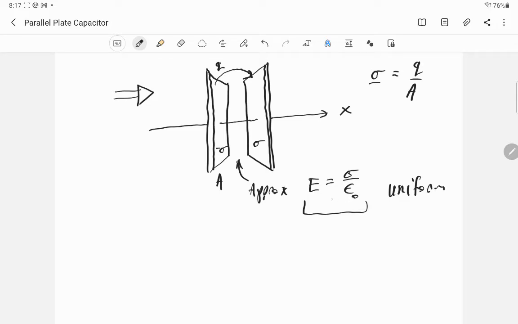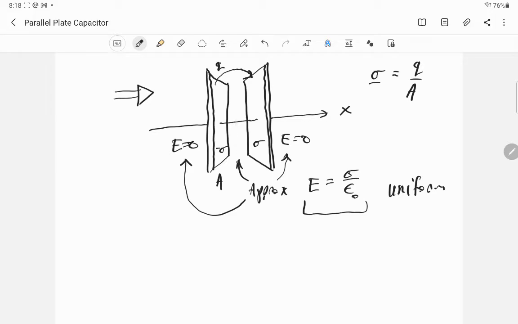And what's more, we're also going to continue to approximate that the electric field on the outsides of the capacitor is 0. This is an approximation. The truth is, for finite plates with some finite separation distance d, the electric field actually isn't 0, but it's really small compared to the electric field on the inside.